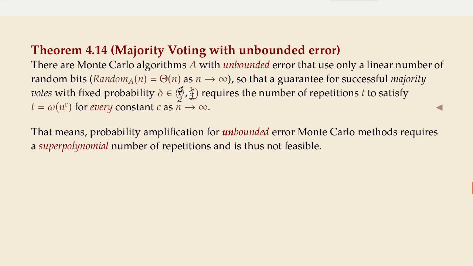And the theorem says I can only do so with a very high number of repetitions, namely superpolynomial. It's not even sufficient for any fixed c to take n to the c repetitions, at least for a specific bad example of this algorithm. So in general, if you have any kind of Monte Carlo with unbounded error, you can't guarantee a good error bound without a superpolynomial number of repetitions, which makes it unusable.